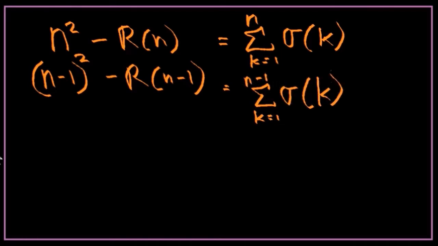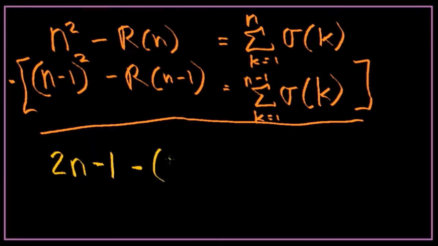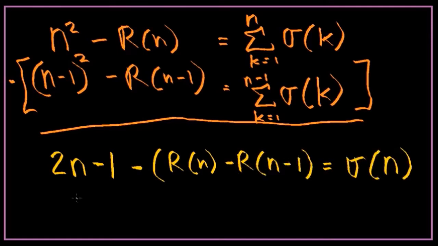And then we can subtract the latter from the former, and we are going to get 2n minus 1 minus r of n, the quantity r of n minus r of n minus 1, equals, oh, I made a mistake there, I didn't have a closing parenthesis, equals sigma n. So we get this expression for sigma n in terms of r of n and r of n minus 1.